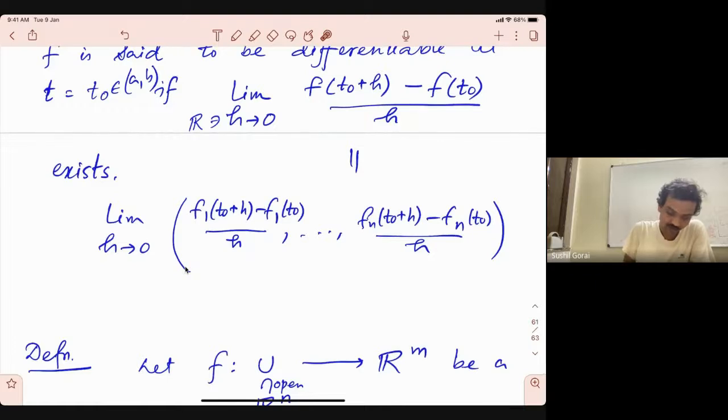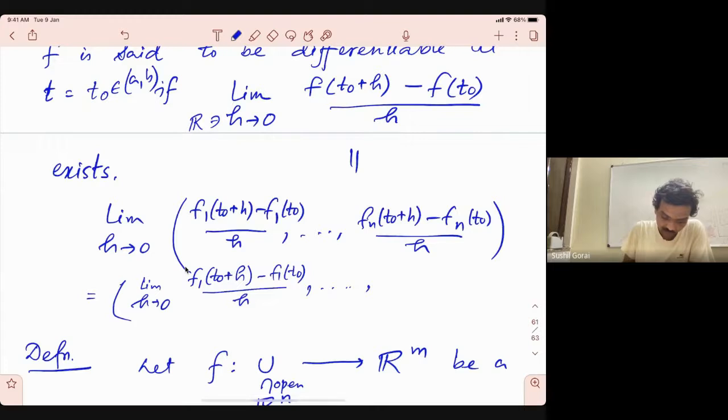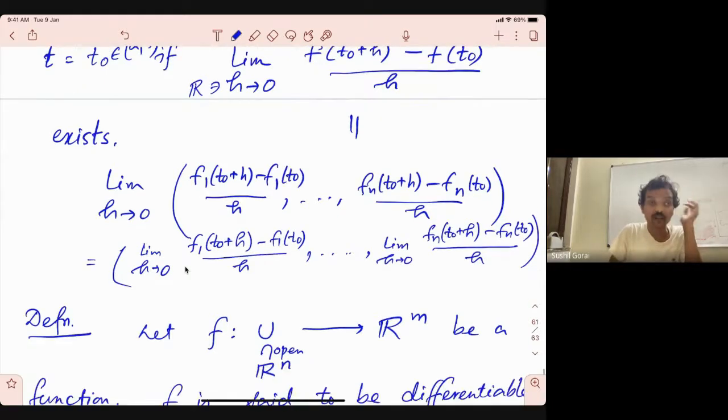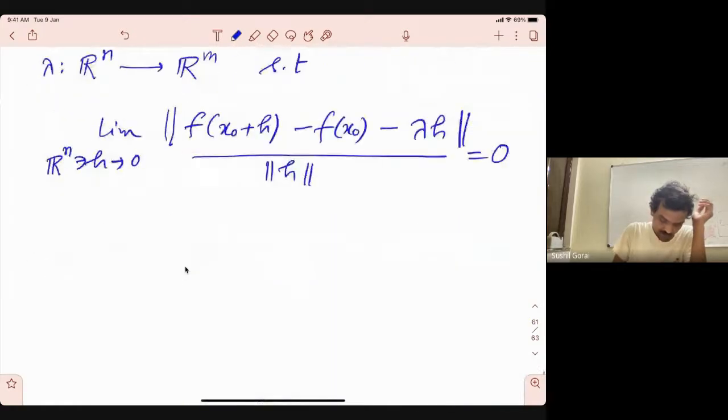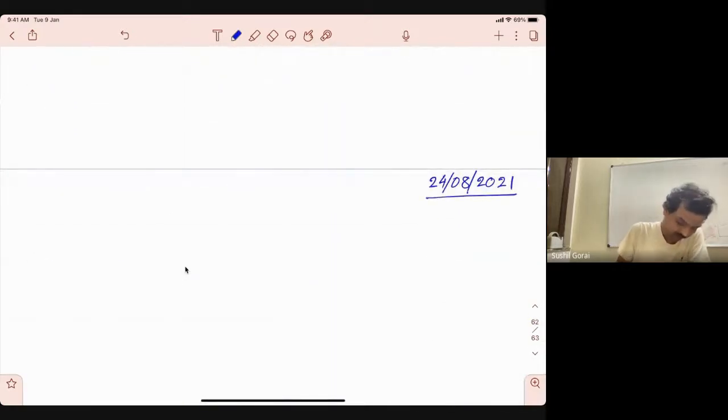This means the limit as h tends to 0 of (f1(t naught plus h) minus f1(t naught)) by h, and so on, up to the limit as h tends to 0 of (fn(t naught plus h) minus fn(t naught)) by h. So this is a tuple of n limits. All right, so let us look at an example.